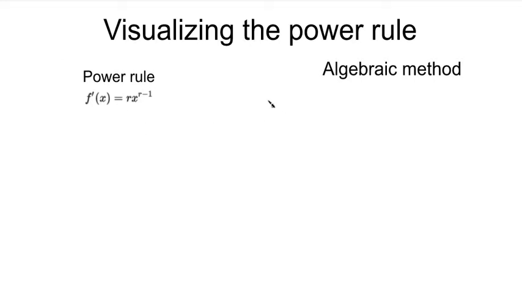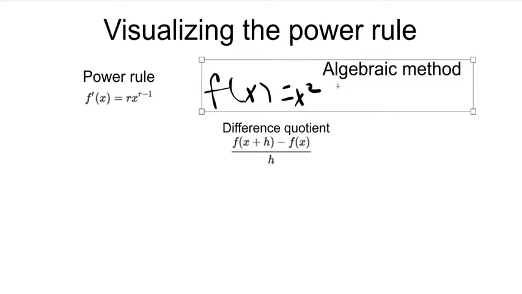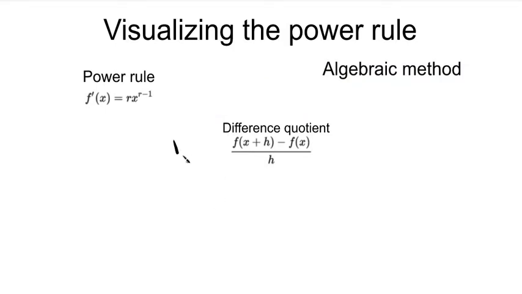So if we had, let's say, f of x is equal to x squared, we'll use the difference quotient, if you don't remember what that is. So right here is the difference quotient, and let's solve this algebraically. This is also the limit as h approaches 0.